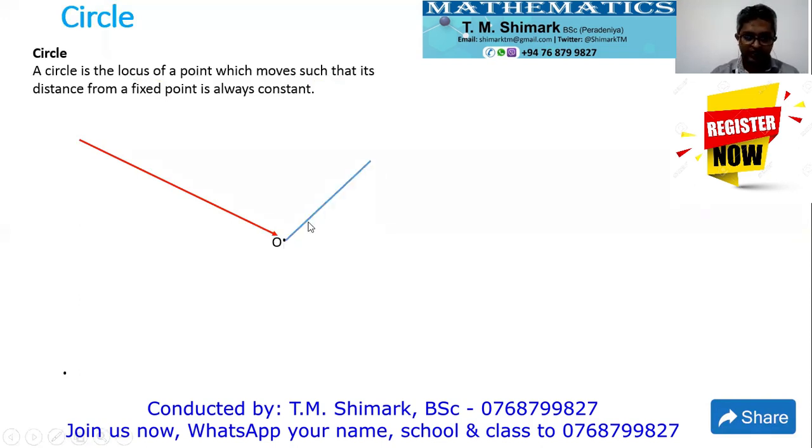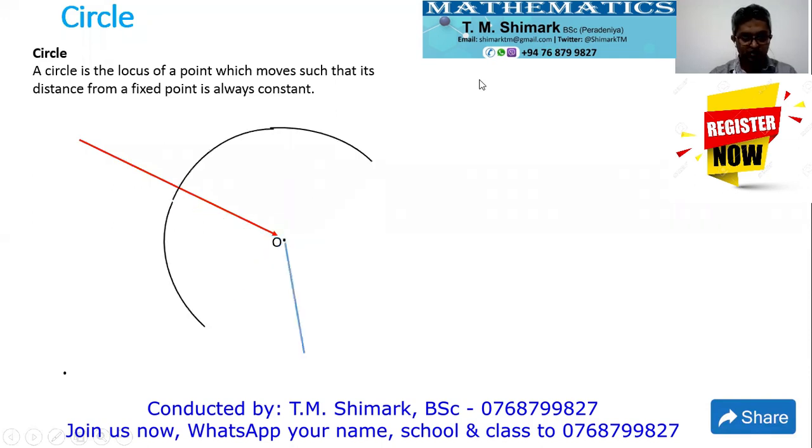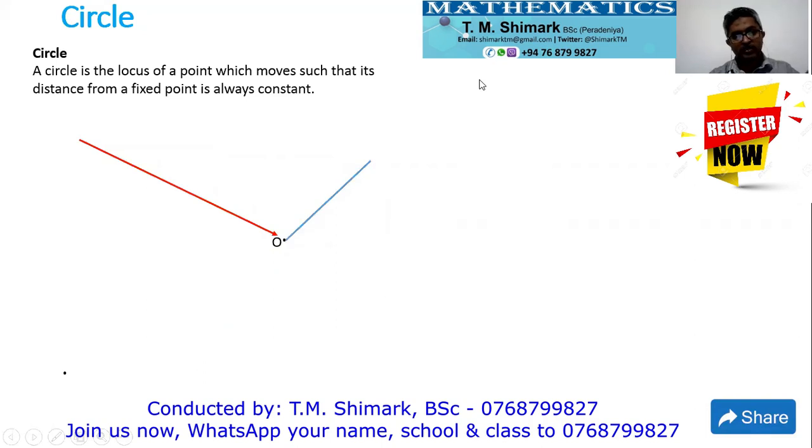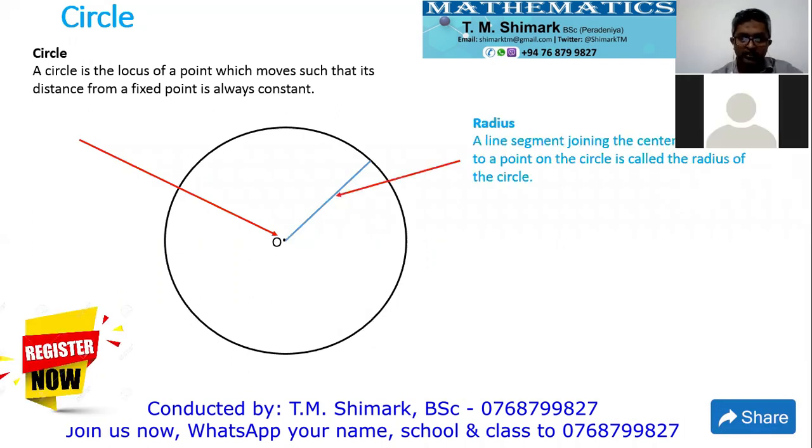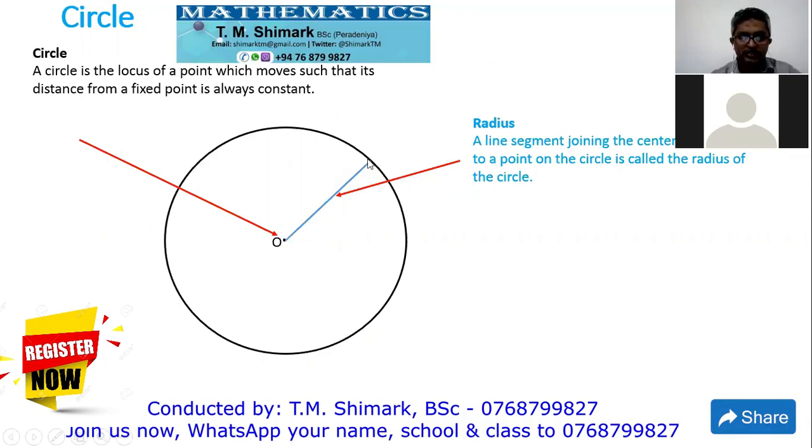From a center, a constant distance, that is what we call the radius, correct? So it always moves around like this and makes a circle. This is the radius, the fixed distance which is not changing.